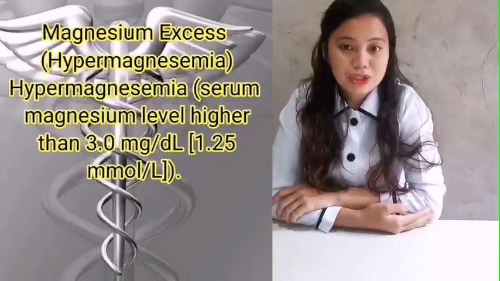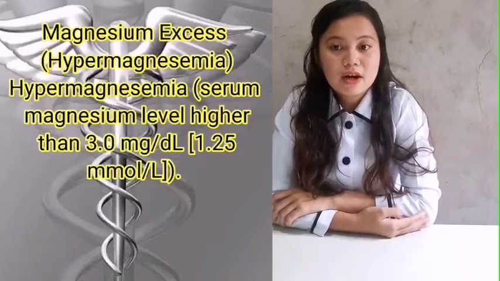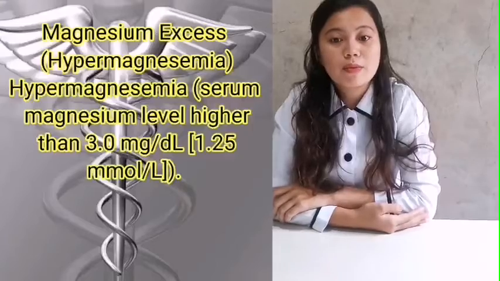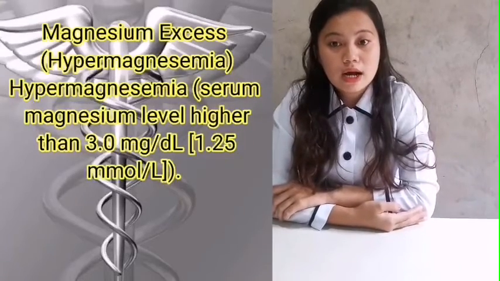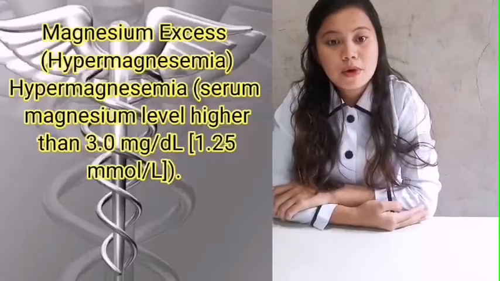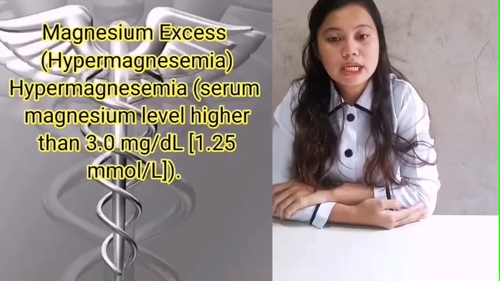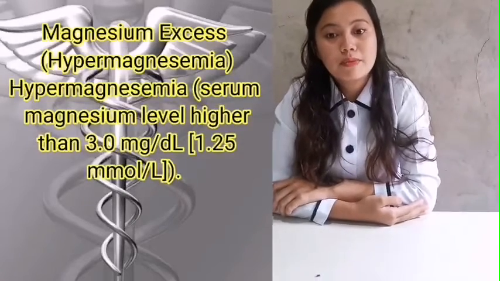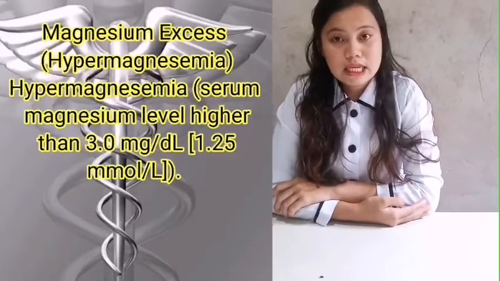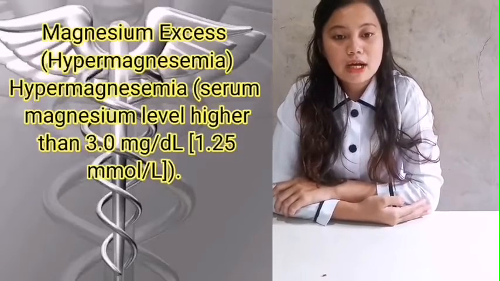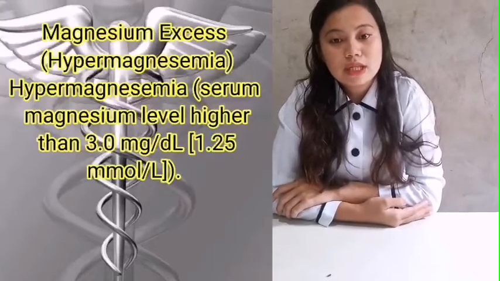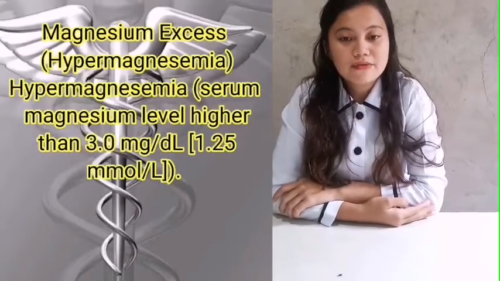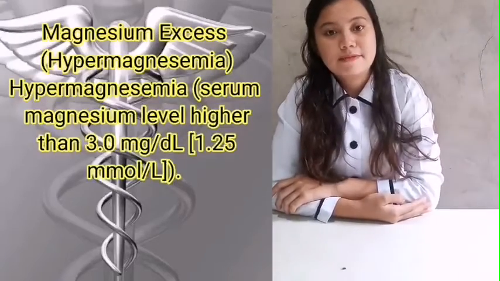A serum magnesium level can appear falsely elevated if blood specimens are allowed to hemolyze or are drawn from an extremity with a tourniquet that was applied too tightly. The most common cause of hypermagnesemia is kidney injury. In fact, most patients with advanced kidney injury have at least a slight elevation in serum magnesium levels.